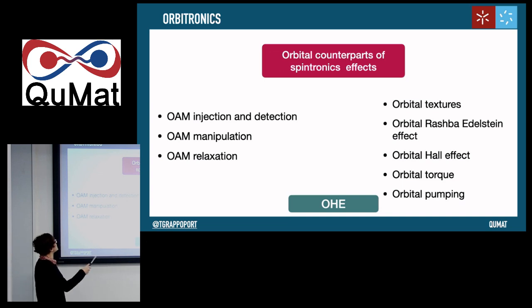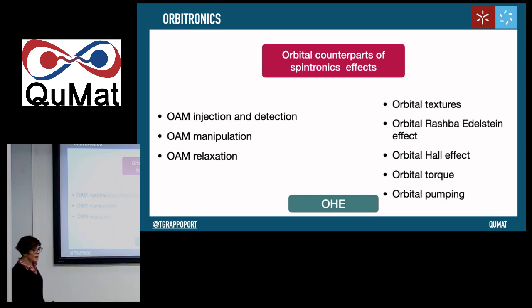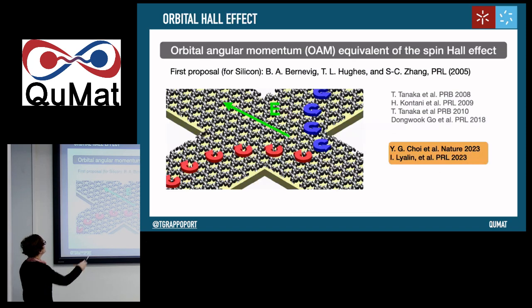And in fact, we should expect non-equilibrium phenomena that are very similar to the ones we see with spins. Like, for example, the orbital Hall effect, the orbital Rashba-Edelstein effect, orbital torque, orbital pumping. And I will start with the orbital Hall effect, which was the first that was proposed in that original paper of Bernevig.